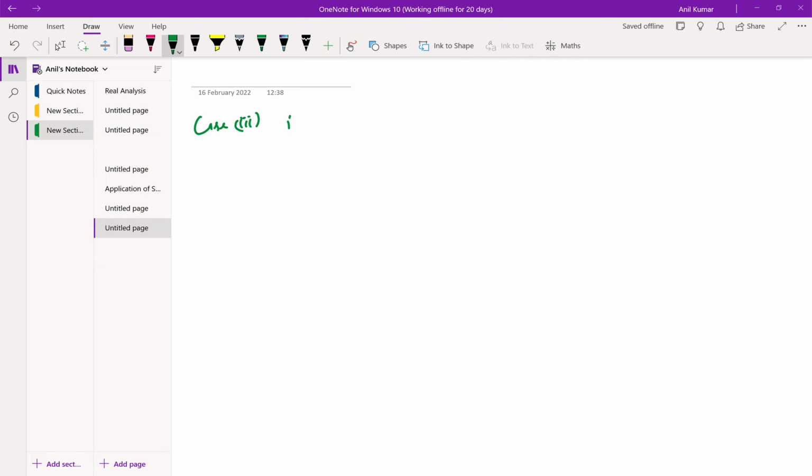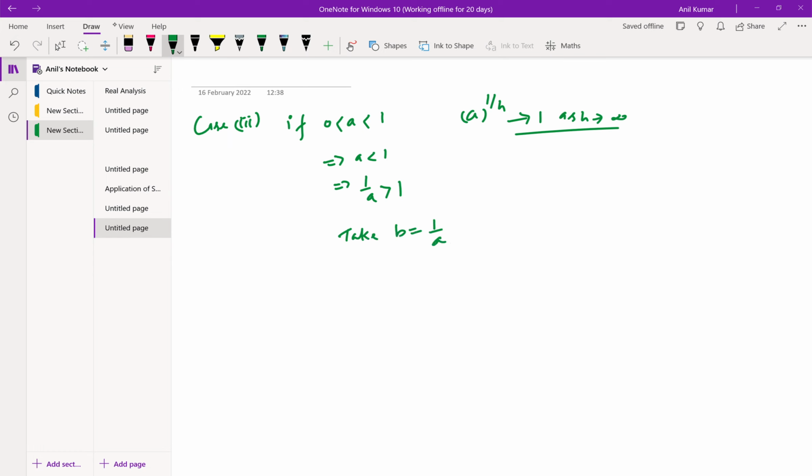Case third is if a number a lies between 0 and 1, then we need to check that limit of a raised to power 1 by n, this is also 1 as n approaches infinity, ये केस हमारा भी रह रहा है। So इस केस के लिए हम क्या करेंगे, a is less than 1, 1 by a will be greater than 1, obvious, so take b to be this 1 by a, so by case 2 की हेल्प से 1 by a की पावर 1 upon n, this also tends to 1 as n approaches infinity.